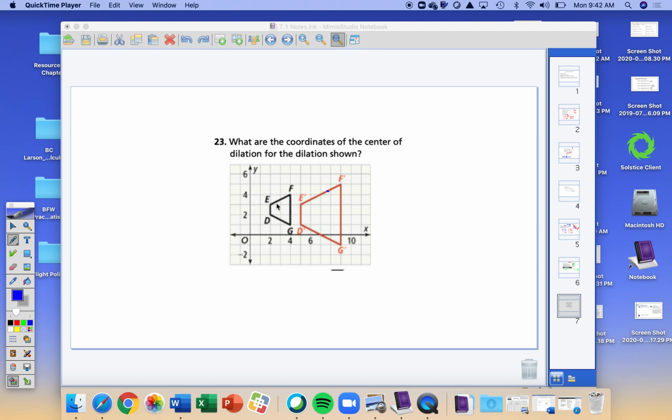and there's just a horizontal distance, which means that my center of dilation has to be on this line here.